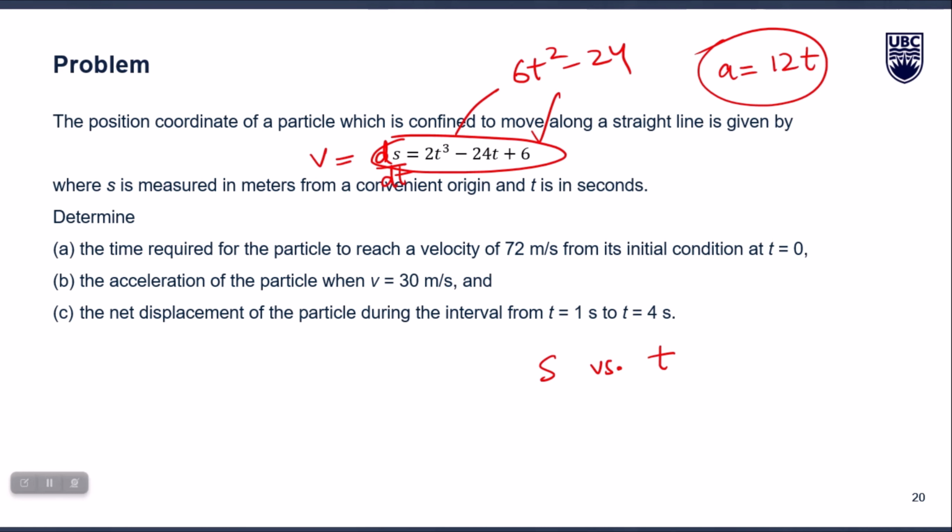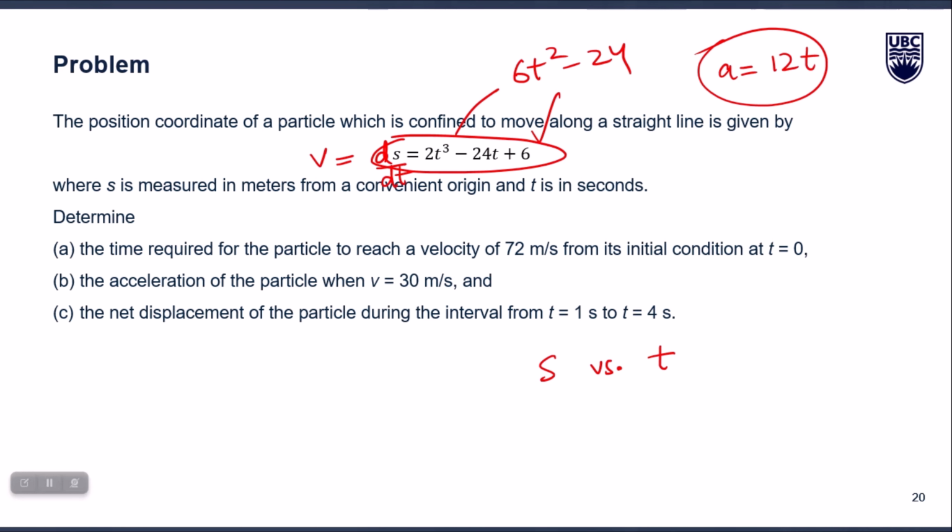to determine V and S, which means you need to integrate A in order to determine velocity and displacement, and that integration will depend on in which form I give you acceleration, right?